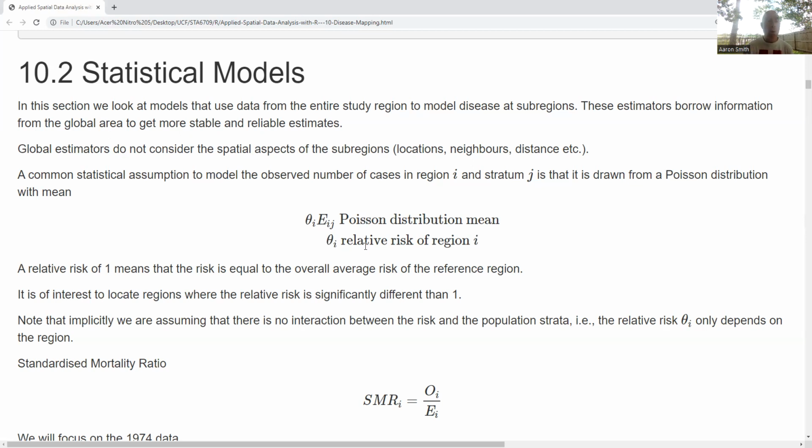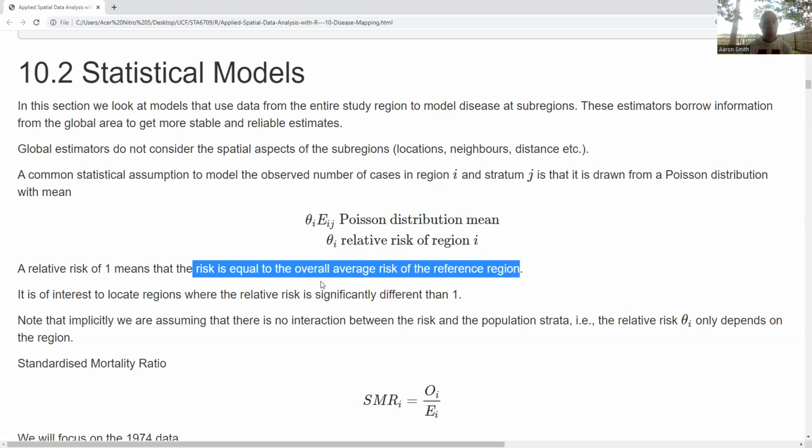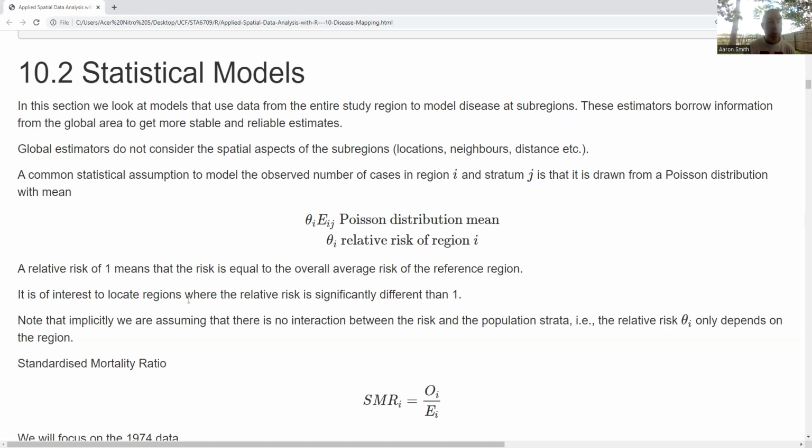A relative risk of 1 means that the risk is equal to the overall average risk of the reference region. It's of interest to find where the relative risk is significantly different from 1. If it's bigger than 1, we have more disease risk. If it's less than 1, we have less.